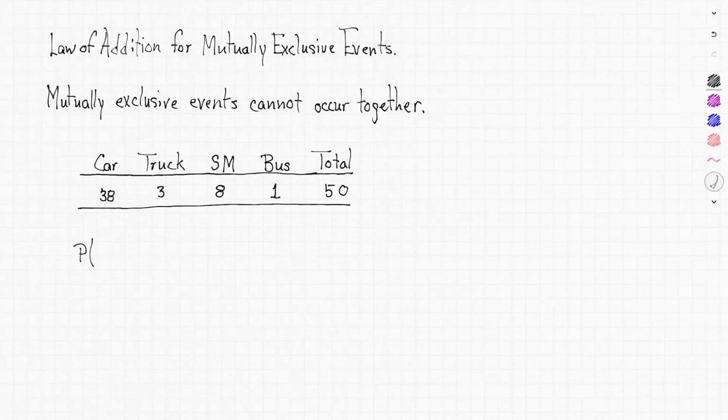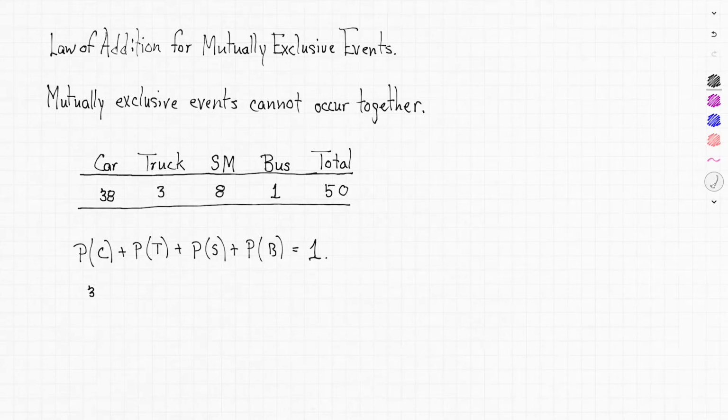If I take the probability of a car plus a truck plus an SUV plus the probability that they drive a bus, that should always total 1. The total probabilities always give us 1.